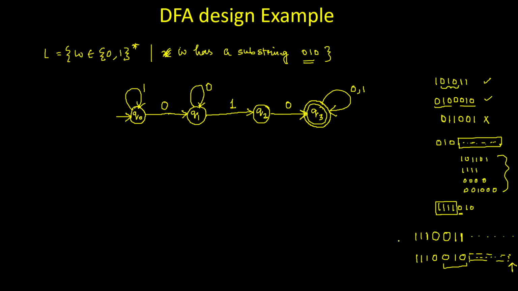But if the situation is something like this, then what will happen? Say somehow after some characters, suppose I have some 1s over here, meaning a number of 1s. Then somehow, after this maybe I have a 0.